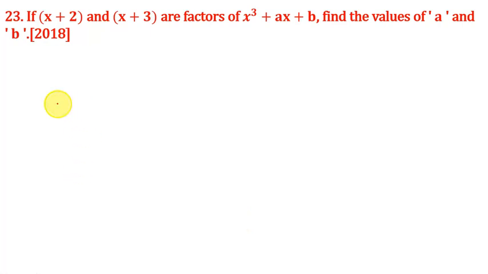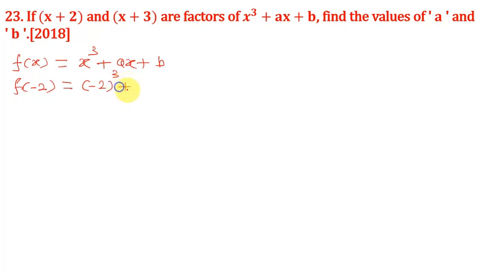Okay. Now, first, as x plus 2 is a factor of this polynomial, we write here f of x is equal to x cube plus ax plus b. Since x plus 2 is a factor, we will find the value of this polynomial. x is replaced by minus 2: minus 2 cube plus a into minus 2 plus b.